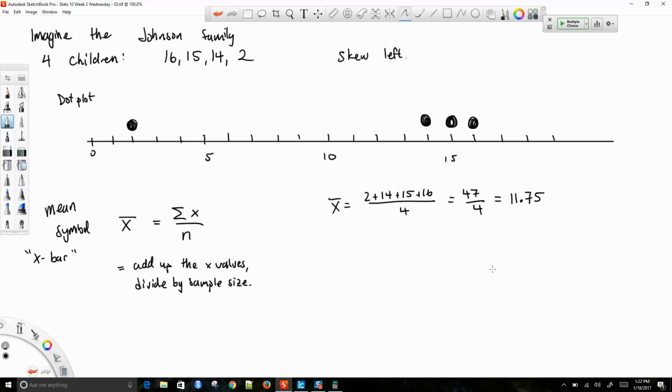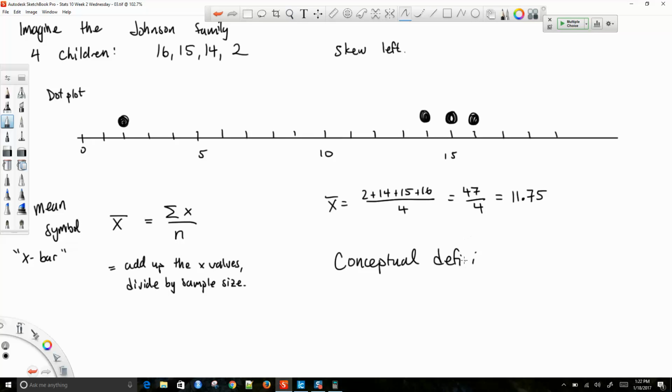All right, and our conceptual definition is that it is the balance point of our data.